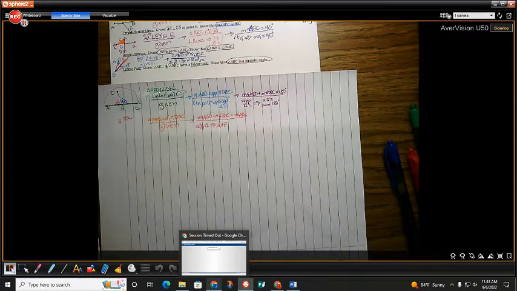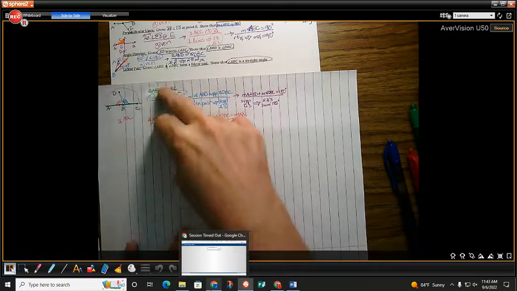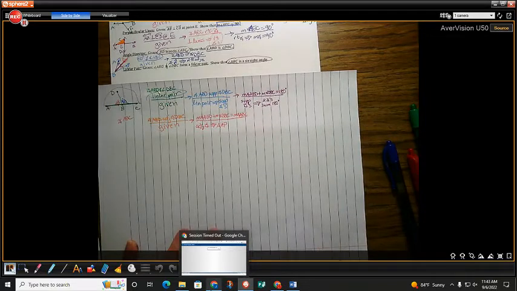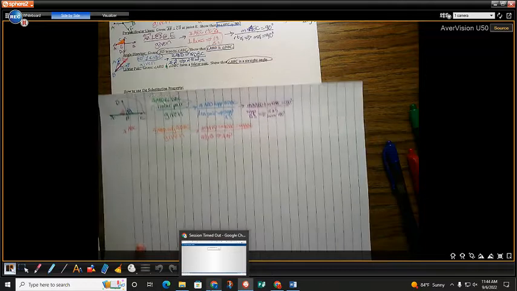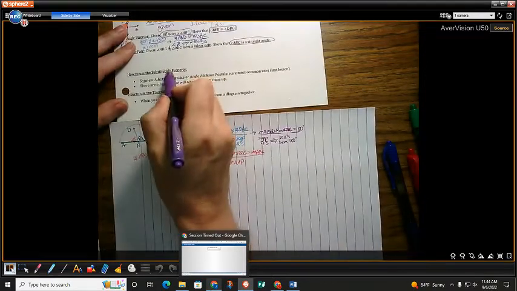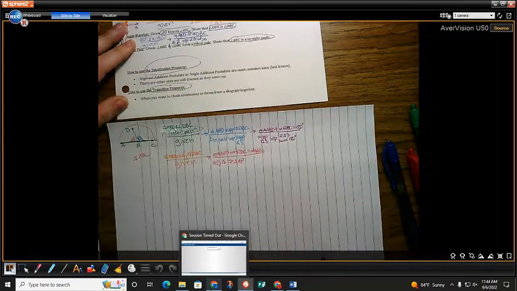Do I have a straight angle yet? No. Okay, so this is where the magic happens, because I have two chains going on right now, and I'm going to bring those chains together. Watch this. I can use either the substitution property or the transitive property.